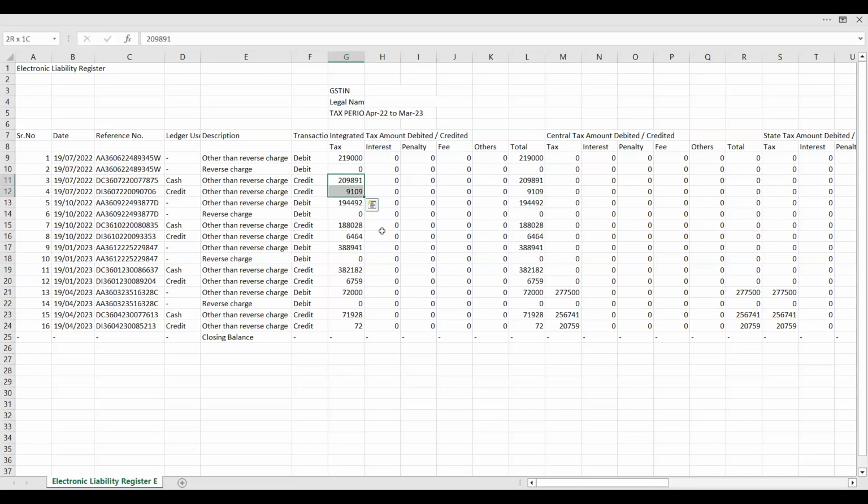These two put together become 2,19,000. That is the reason I was telling you: never directly debit the liability when you are releasing payment through cash. It is always better to take it to a clearing account, where you take the liability also to the clearing account, and the input credit to the clearing account.